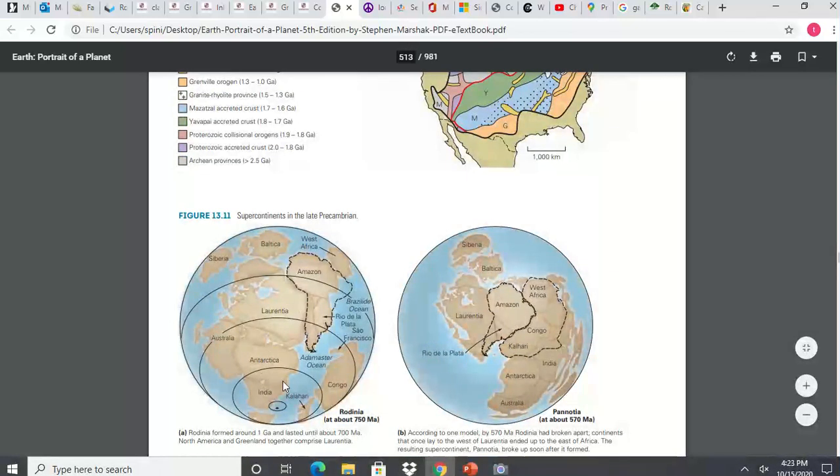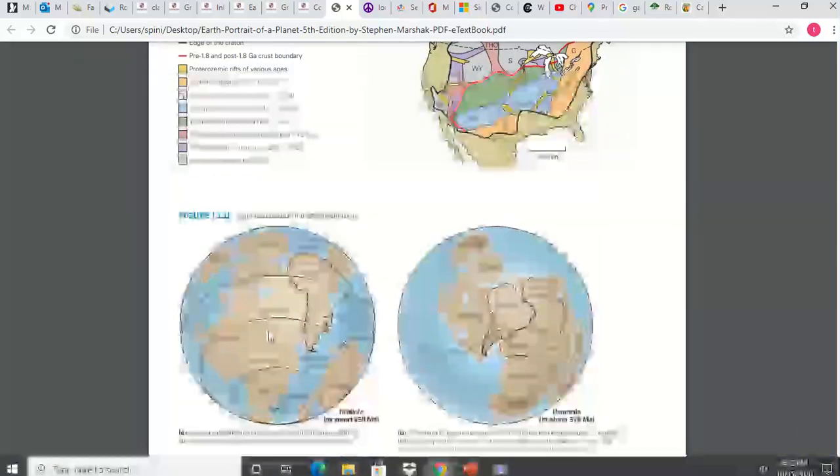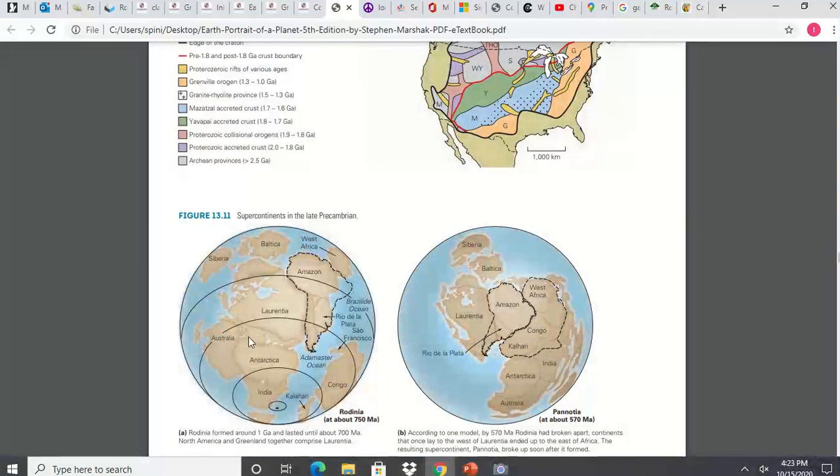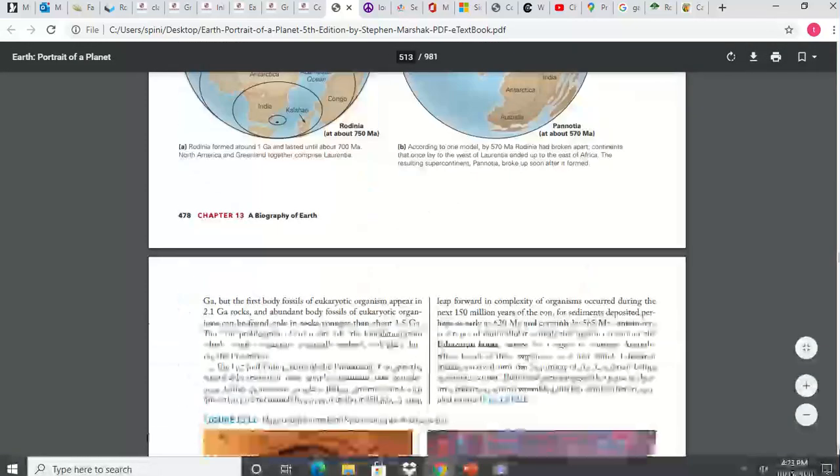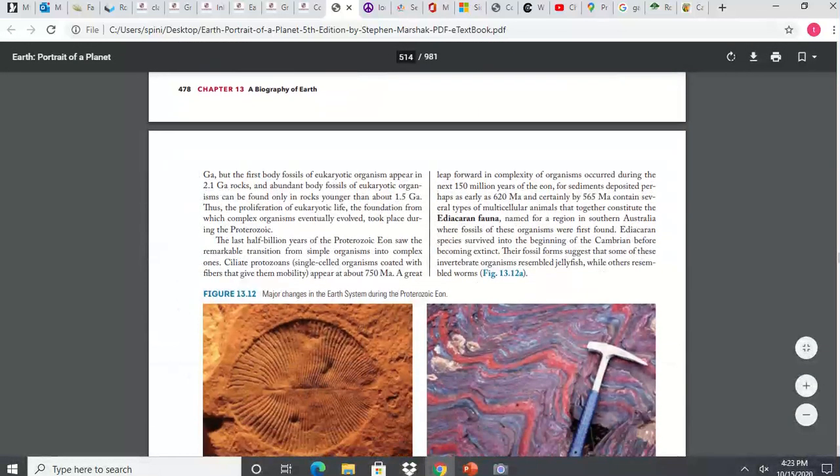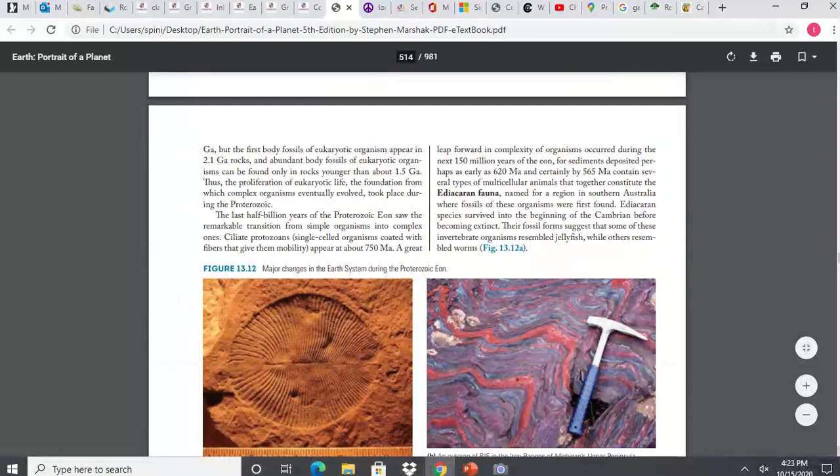But here are the different pieces that are coming together. I think this is Rodinia that they're talking about, where the continents have arranged in this particular fashion. But they're going to change quite a bit over time. So this complex life is going to bring us to the next eon. Your book goes into some of the details of this.